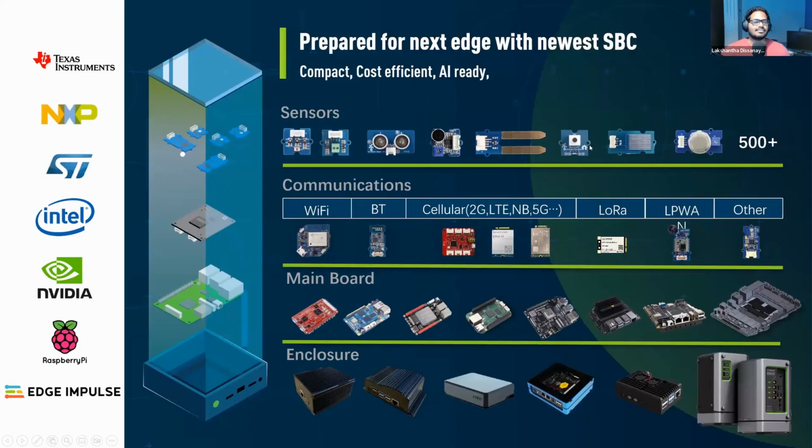These are some of the hardware that we manufacture. We manufacture a range of different sensors that can monitor environmental conditions like temperature, humidity, soil moisture, water levels, and also gas sensing. And also different kinds of communication devices like Wi-Fi, Bluetooth, cellular, LoRa, and others. Also, we manufacture main boards such as the ones based on the Raspberry Pi compute modules, and also the NVIDIA Jetson platform.